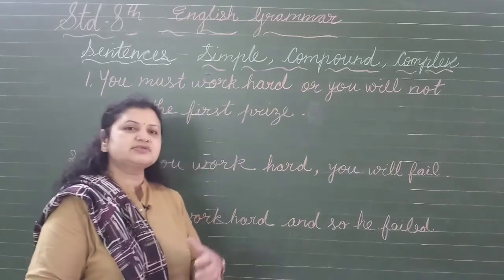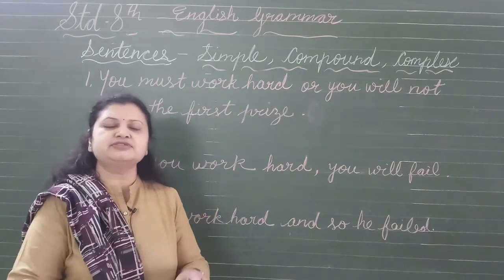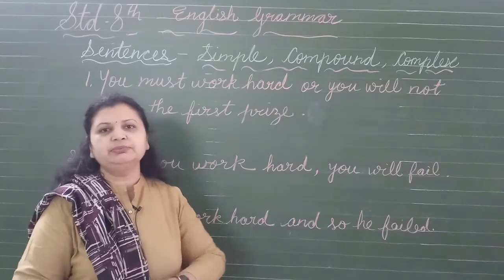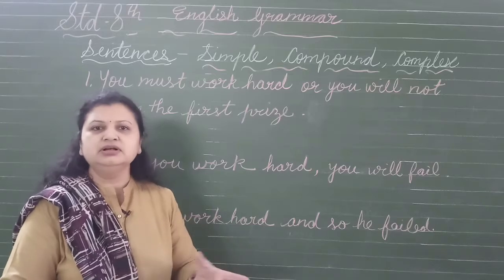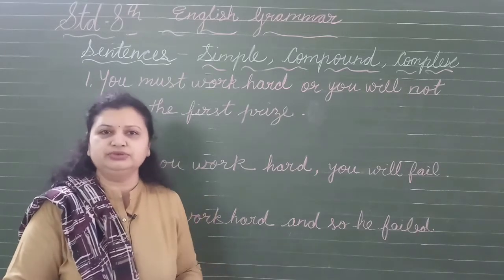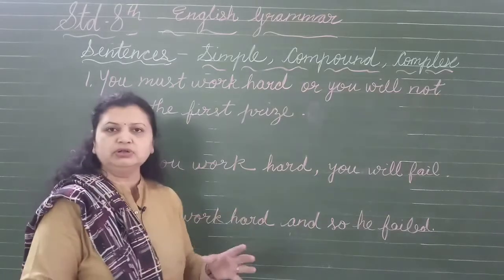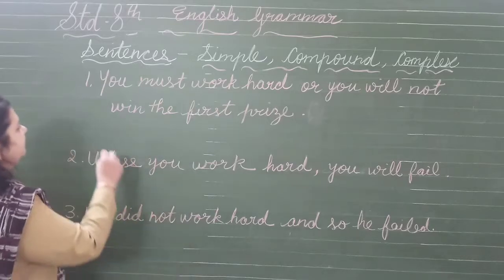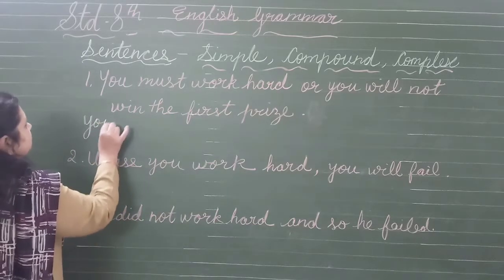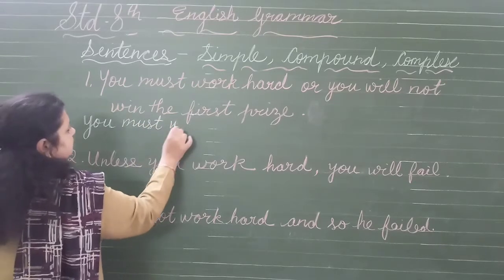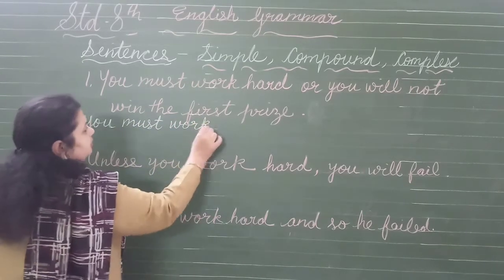Now students, to make a simple sentence you can use the gerund and also the infinitive. It is not prohibited; you can use both to make a complete sense. Here we will frame it like this: you must work hard.